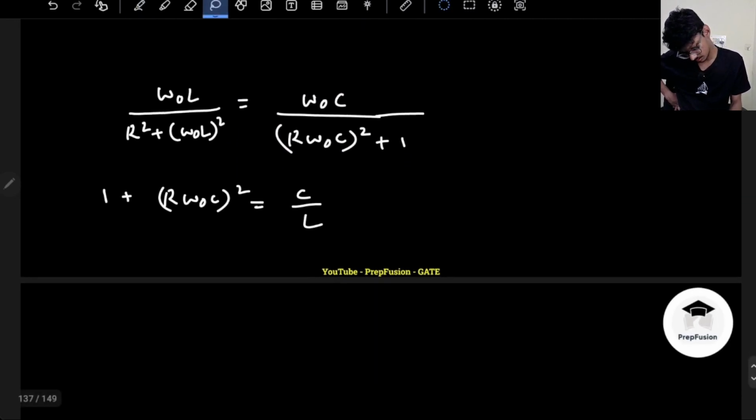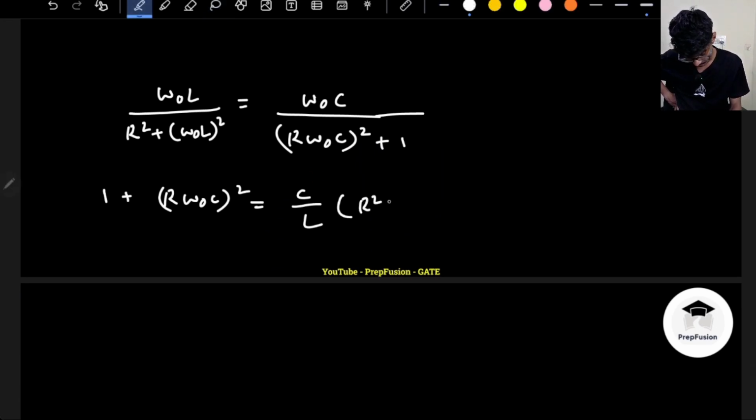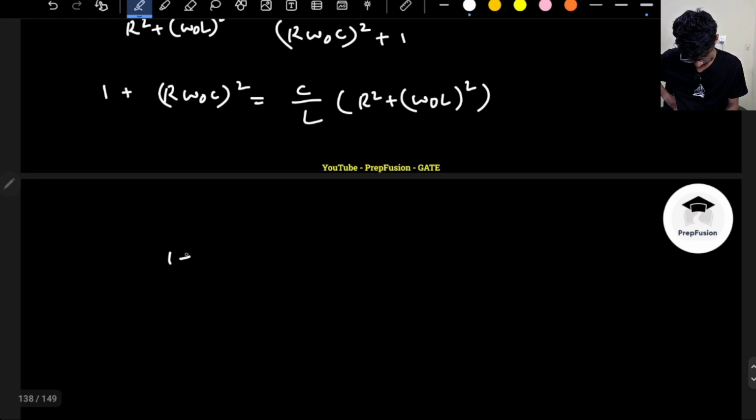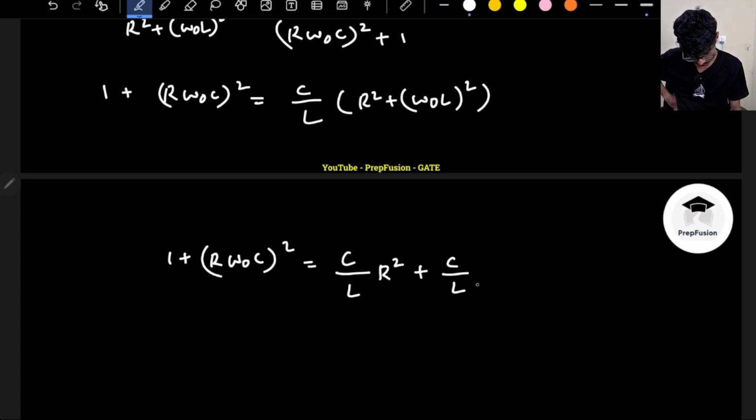So this will be basically C by L multiplied by R square plus omega naught L whole square. So ultimately this will be 1 plus R omega naught C whole square equals C by L times R square plus C by L and omega naught L whole square.